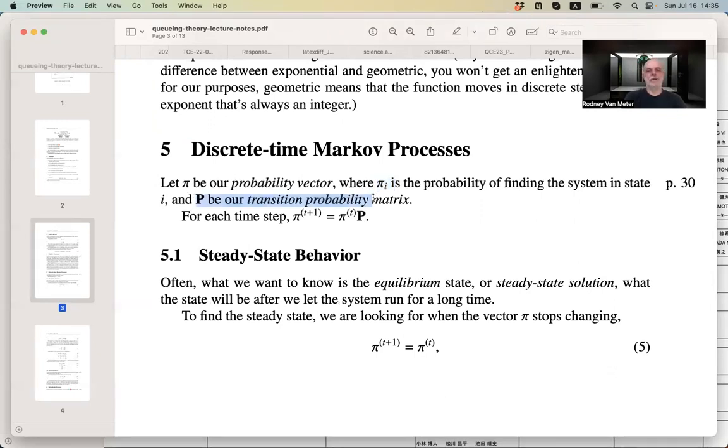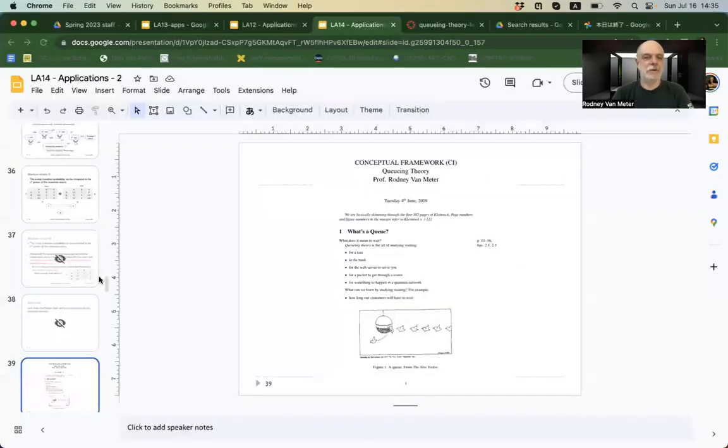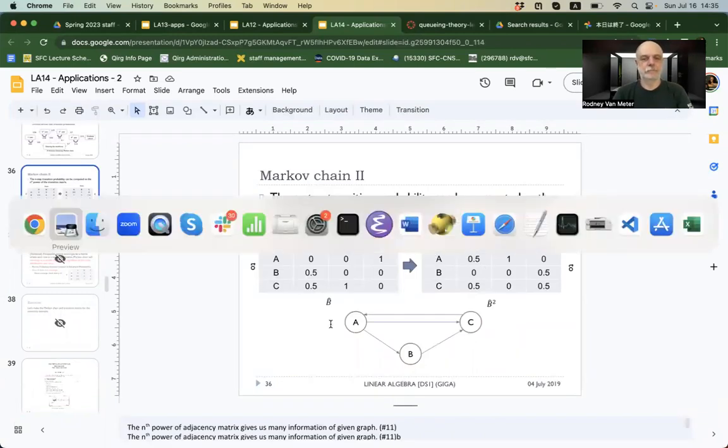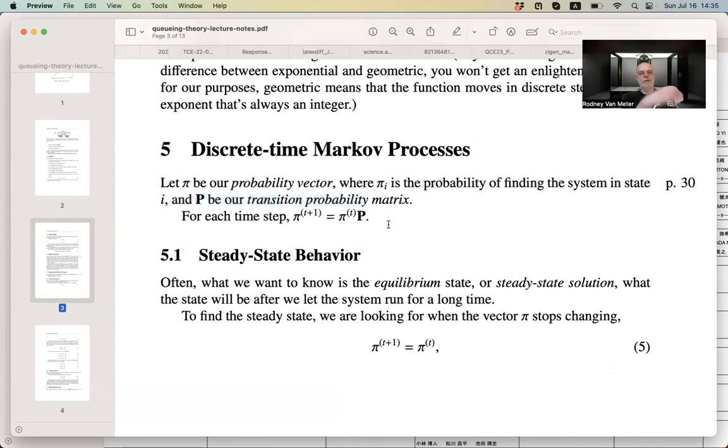Then P will be our transition probability matrix, like the ones that we had back here in the slides. For each time step, the only thing you need to know in order to calculate that is this transition probability matrix P, and the vector pi describing the current state.